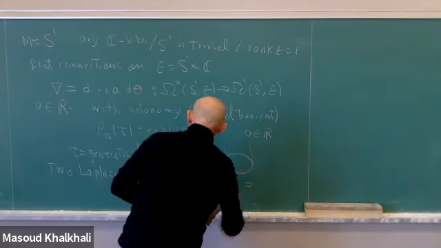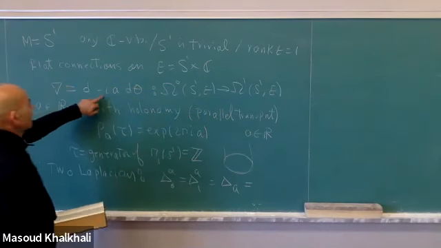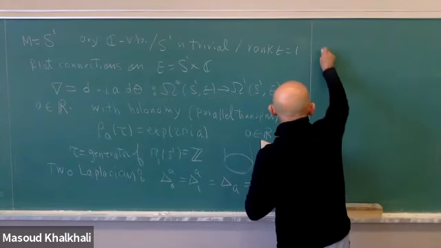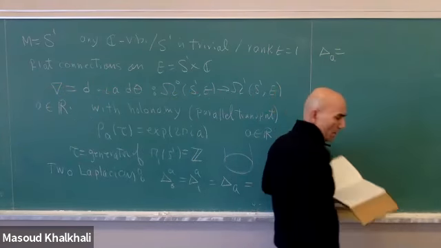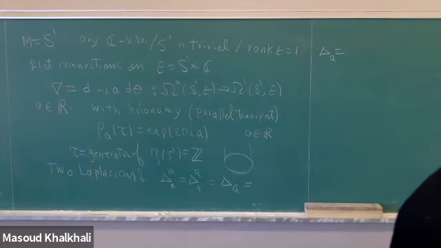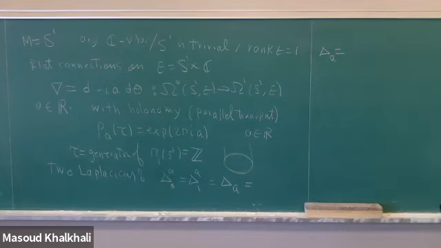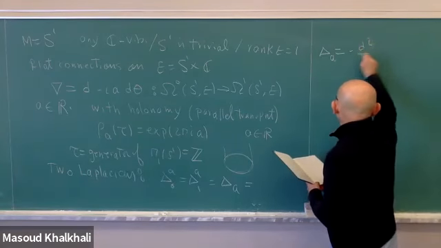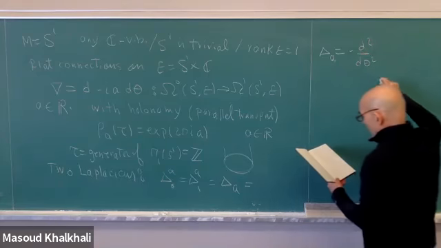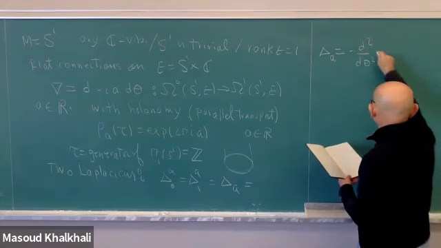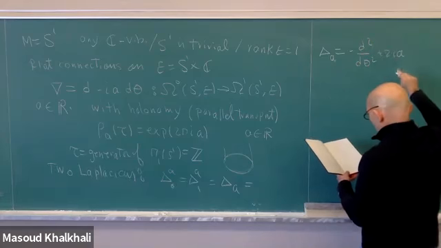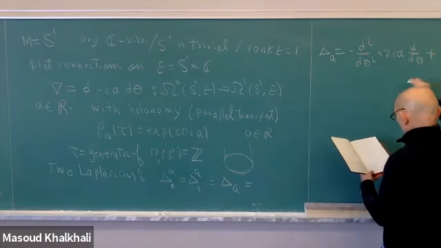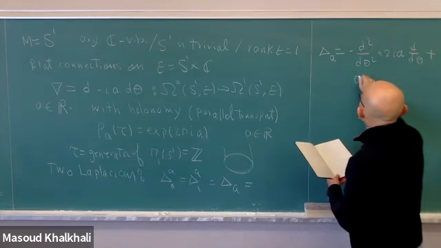You just calculate the adjoint of this and multiply, then you get delta A is equal to minus d2 d theta squared plus 2ia d theta plus a squared.